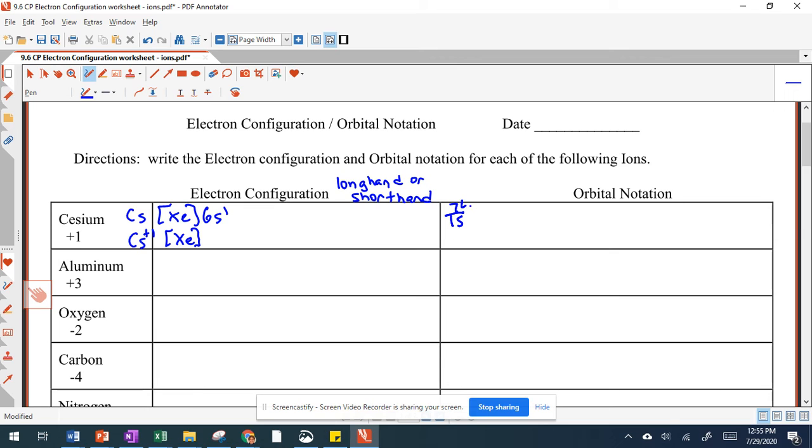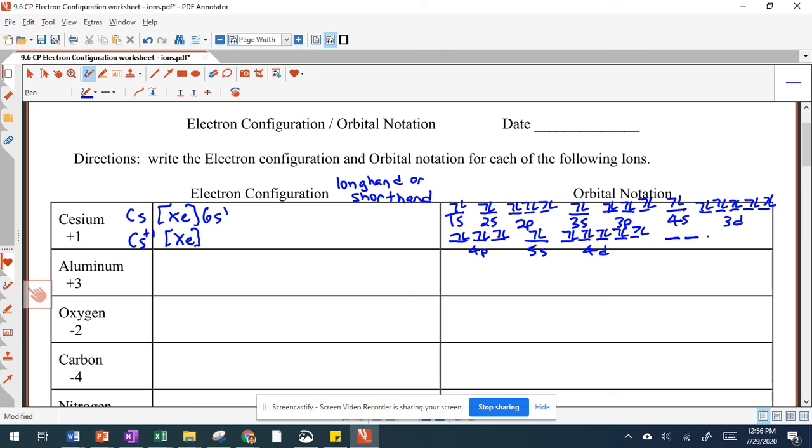It's going to be 1s, 2s, 2p, 3s, 3p, 4s, 3d, 4p, 5s, 4d, 5p.